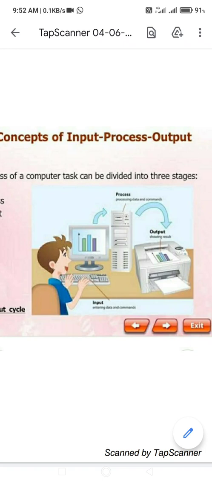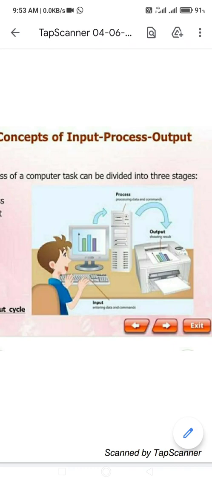I told you that there are some exercises in your book. You have already filled them in. I also told you that the computer has 4 main parts, that is monitor, CPU, keyboard and mouse. Each and every part is seen here: monitor, keyboard, CPU and printer are the 4 main parts.